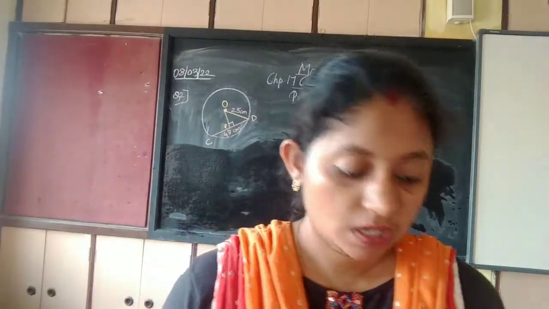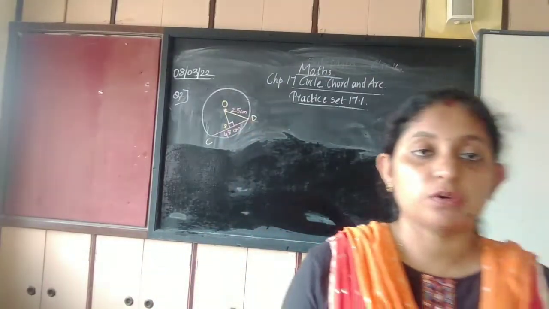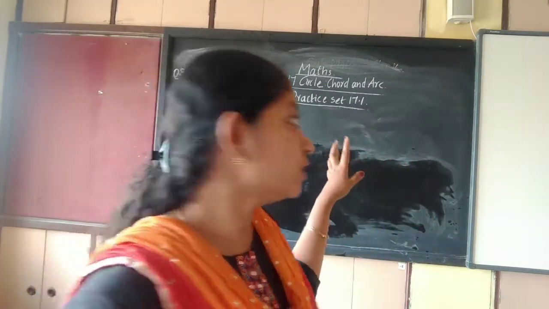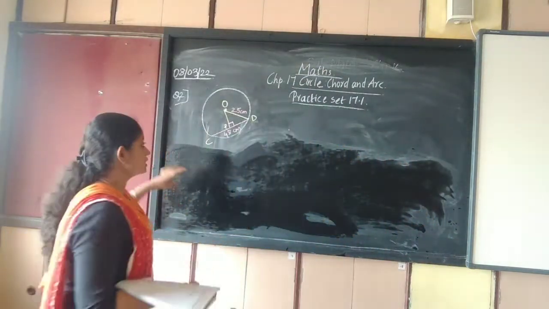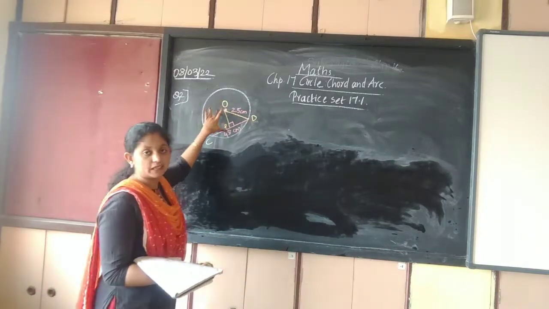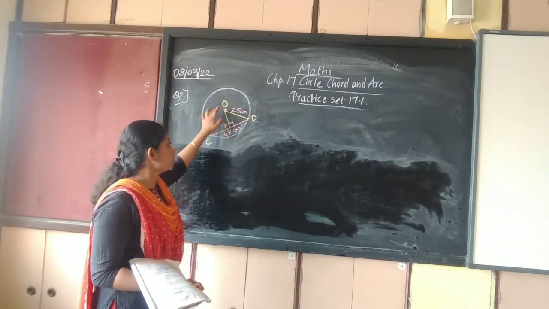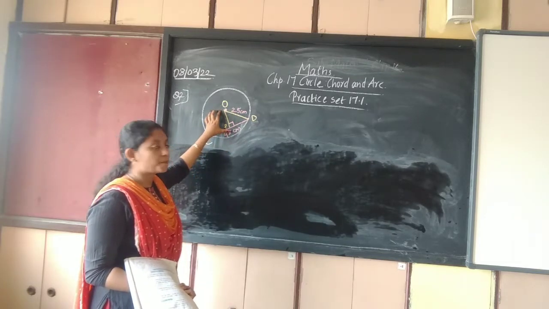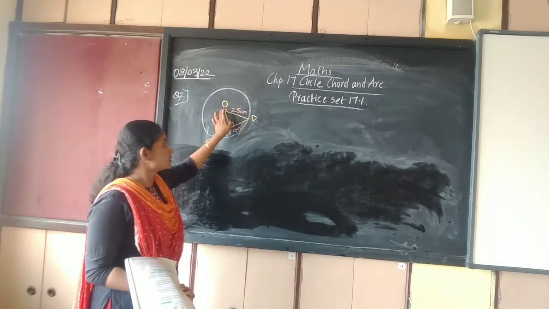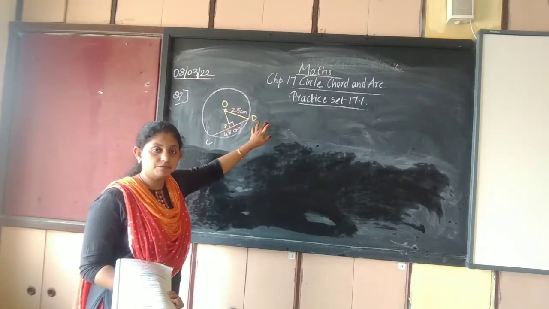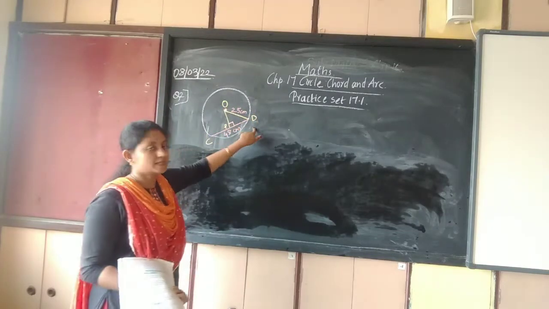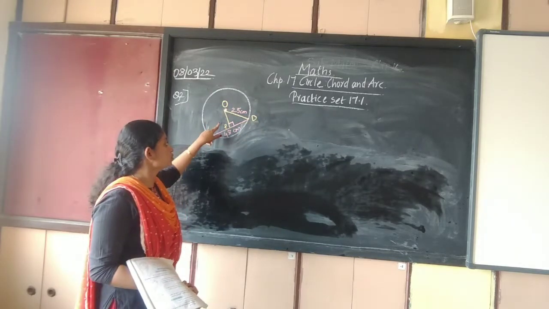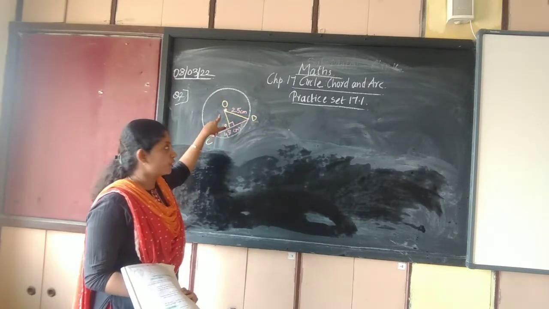Let's see what we are supposed to find out. Find the distance between the center and the chord. Obviously it is the segment joining these two, that we can find out. That is OP. Radius OD goes from the center to the circumference, chord CD, and what you are supposed to find is OP.